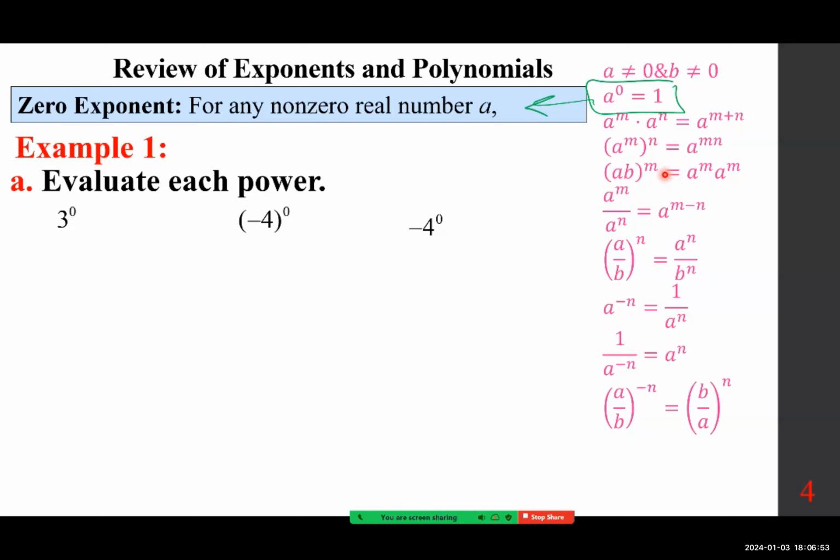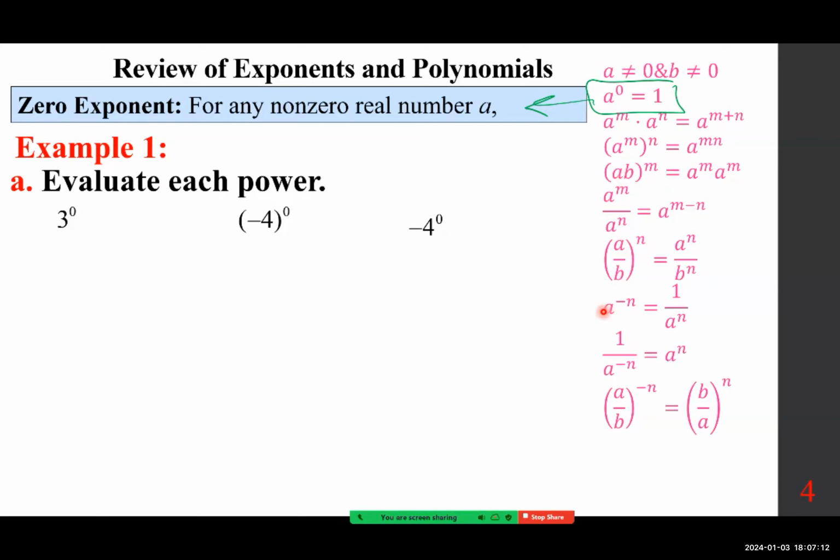ab to the power of m, you raise each one to the power of m. a to the power of m over a to the power of n is a to the power of m minus n, called the quotient rule. This ratio to the power of n works like this one; both of them are to the power of n.